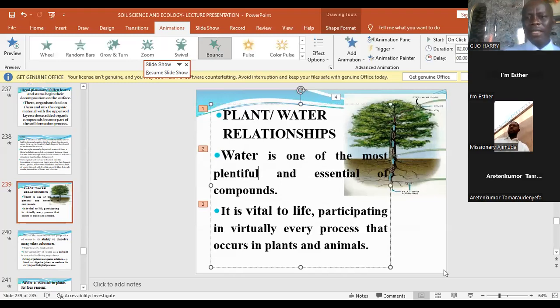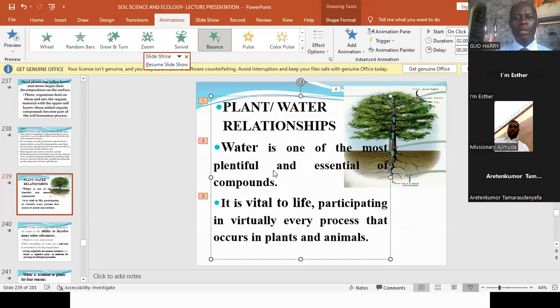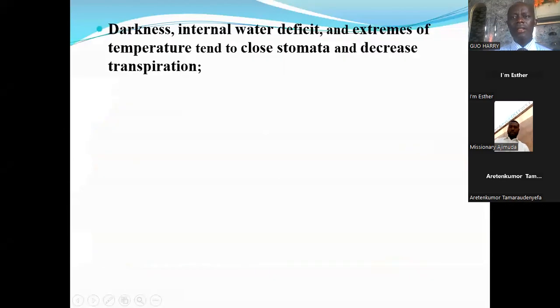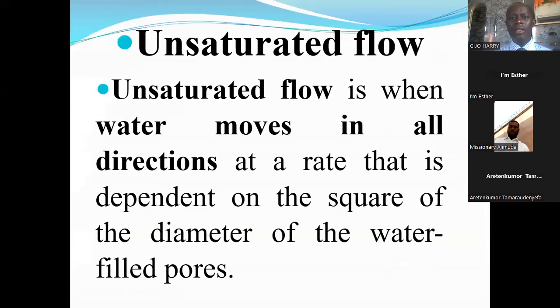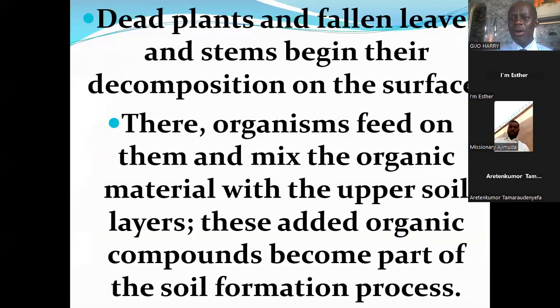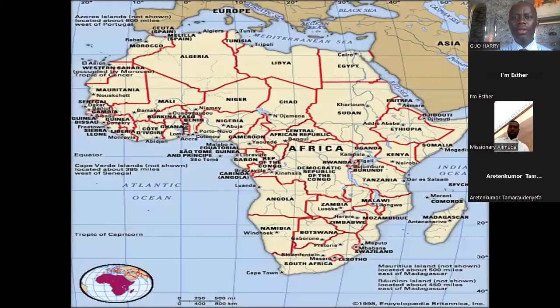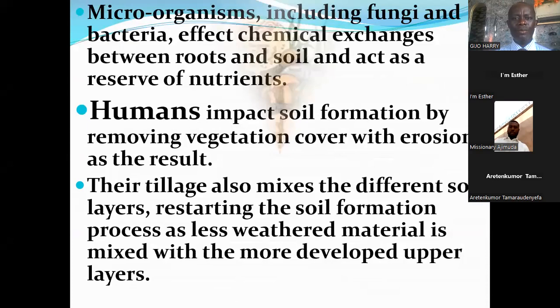And we said that water is essential to plants. It's vital to life because it's a very important solvent and is basically responsible for the easy transport of solutes that are dissolved in it.